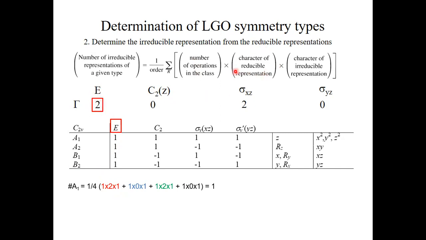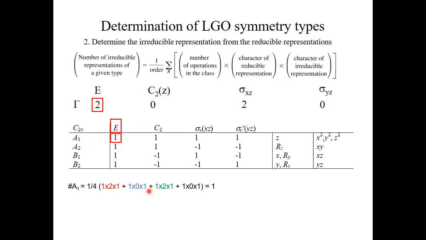So that's this times, well, this number 1 here, because that's the character of the irreducible representation under E for the irreducible representation of the type A1. Okay, now I've explained the first product.